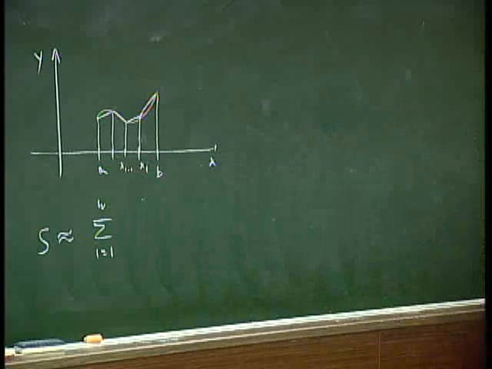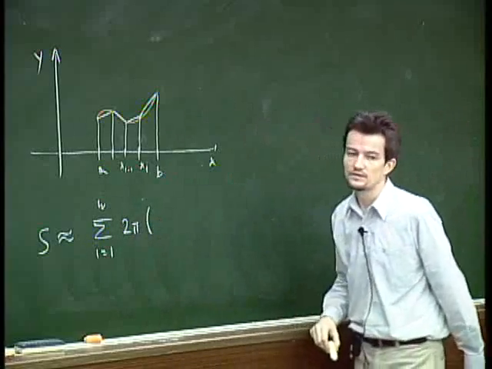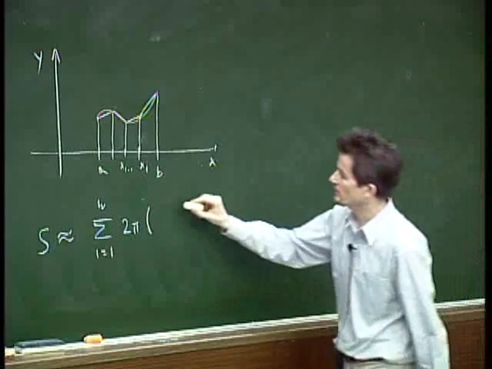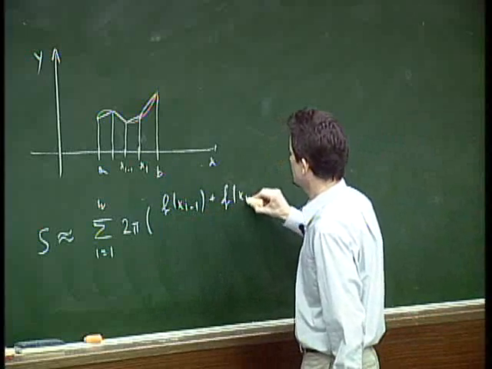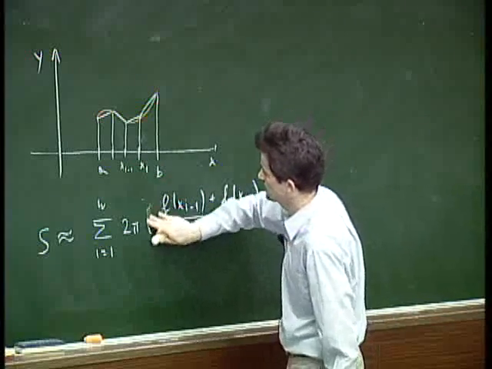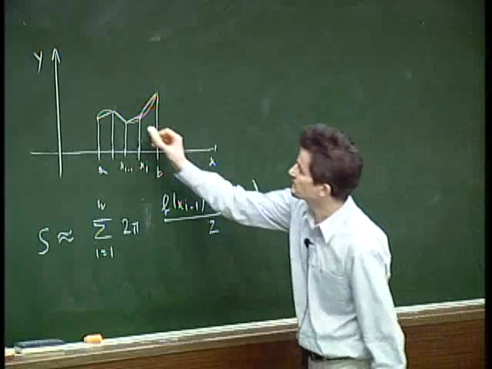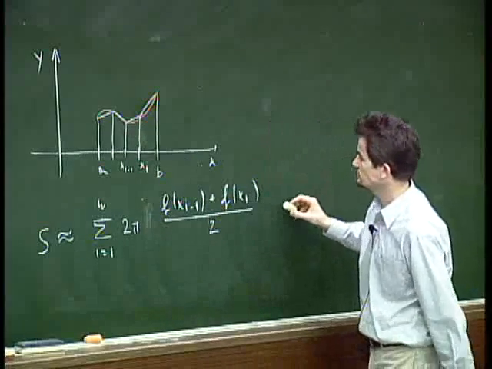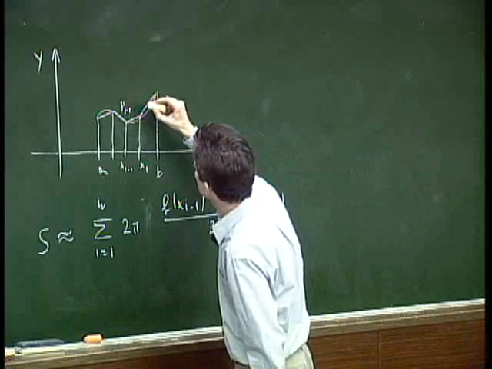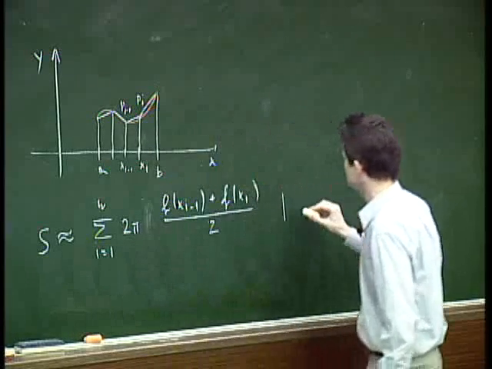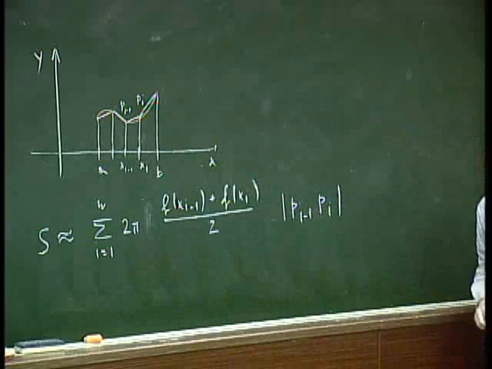The contribution from the i-th interval is, we just saw the formula, 2 times pi times the average radius, so (f of x_{i-1} plus f of x_i) over 2, multiplied with the length of this curve here. If I denote this point by P_{i-1} and this point by P_i, then it's the length of the line between those 2 points.